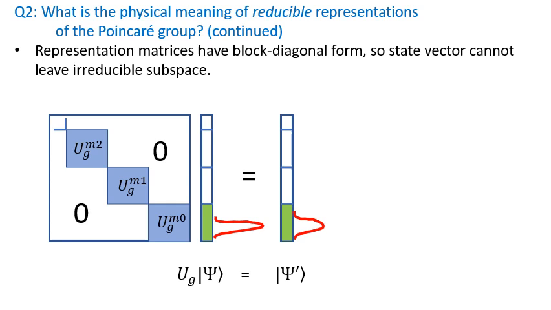In particular, this means that if the state vector has non-zero components only in the green subspace, then under action of all group elements, the state vector will never leave this irreducible subspace. So this representation is definitely not cyclic and definitely not irreducible.